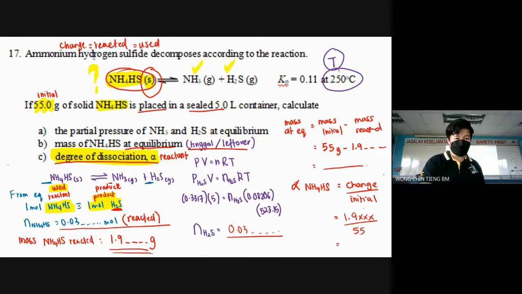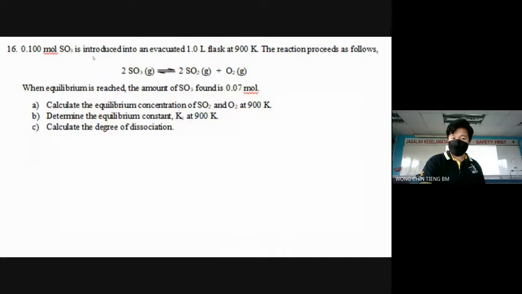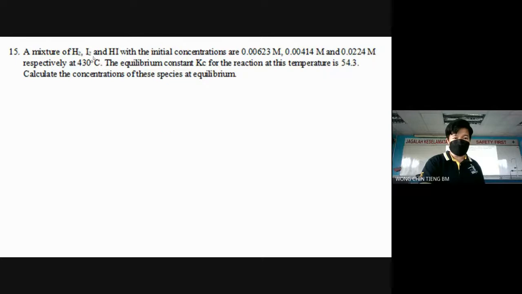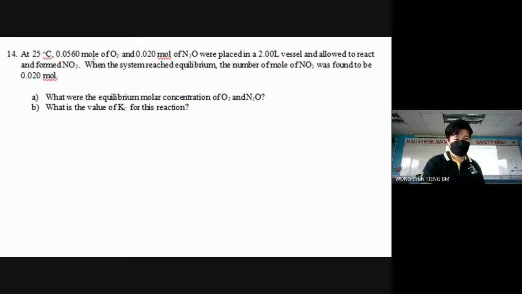Let us take a quick look. Ada tak yang tak boleh buat? Soalan bagi equation, senang. Can I have the balance equation of question 40? I just want the balance equation.